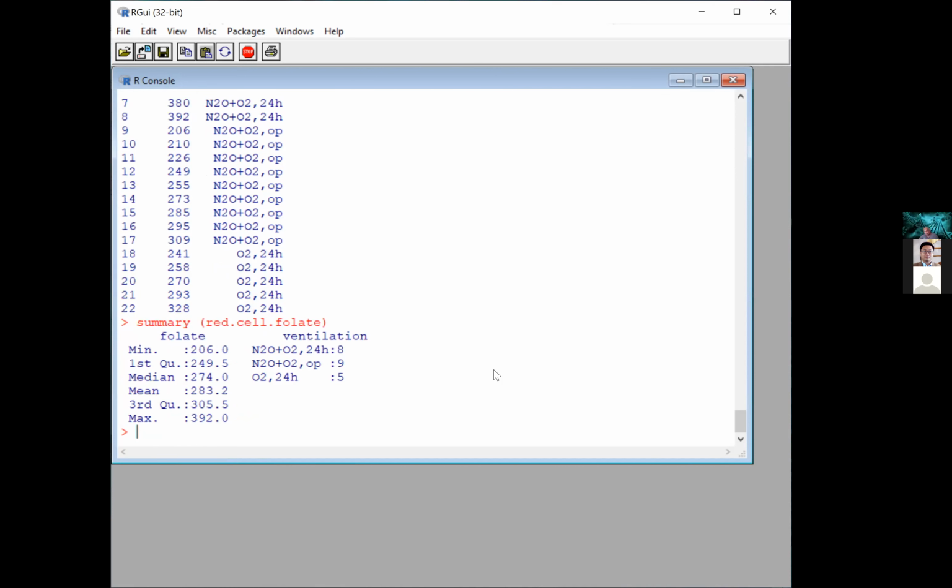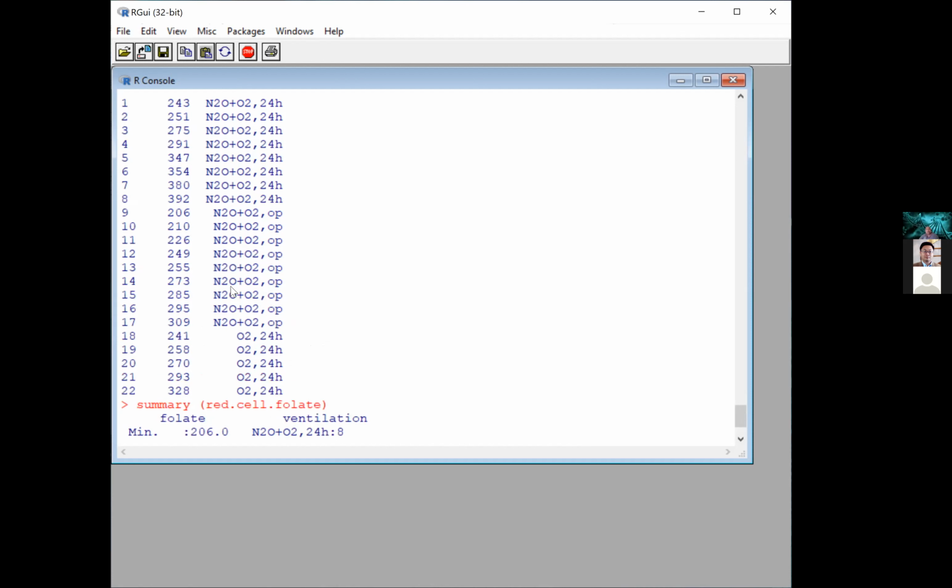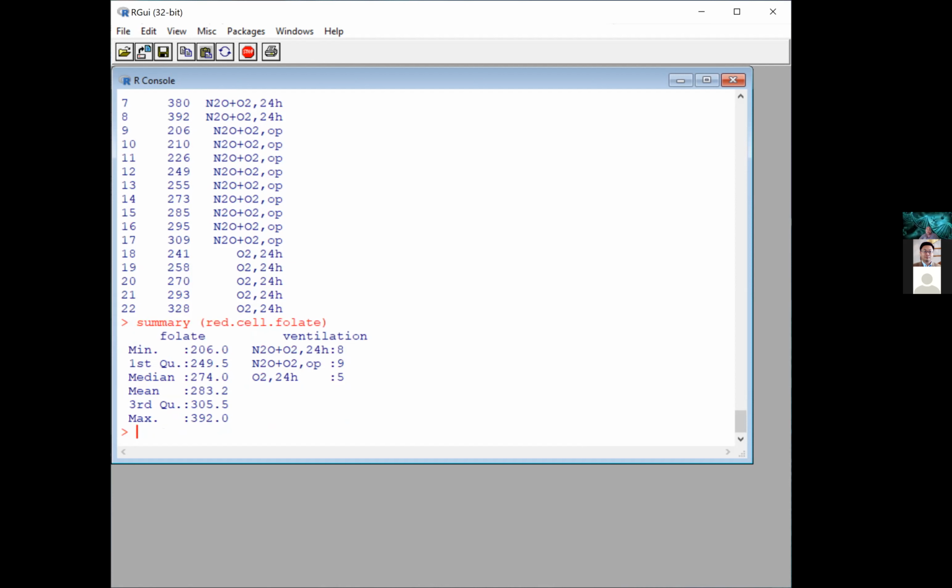Minimum, first quartile, median, mean, third, max. Notice in the ventilation column, you can't really do a mean, third quartile, and all that stuff, the max with these kind of numbers. These values, because they're not numbers.